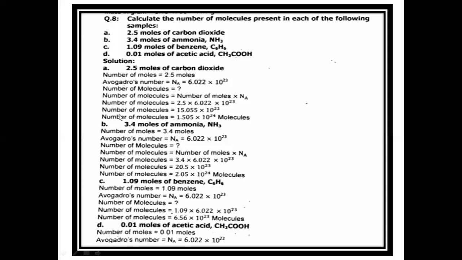Formula is very simple. Number of molecules is equal to number of moles into Avogadro's number. You just need the number of moles which are given. And Avogadro's number, I told you the value, 6.022 into 10 power 23. Very simple value, you just have to learn it. And then just put these values in the formula, you will get the answer.